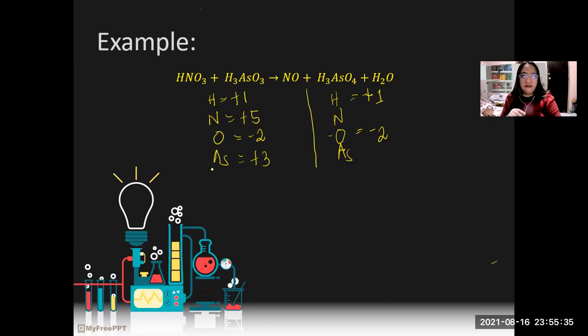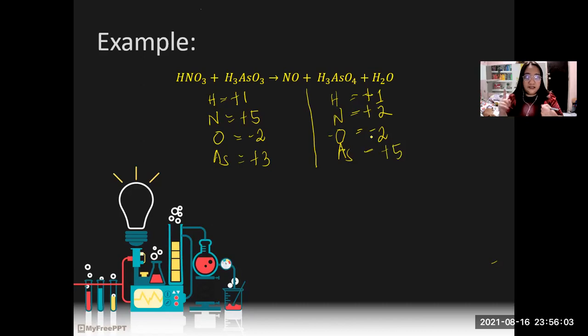So we know that oxygen always has negative 2, therefore nitrogen has positive 2. And let's go here for arsenic acid. 4 times negative 2, that is negative 8, plus 3, that's a negative 5, which means arsenic takes a positive 5 oxidation number for the product side.